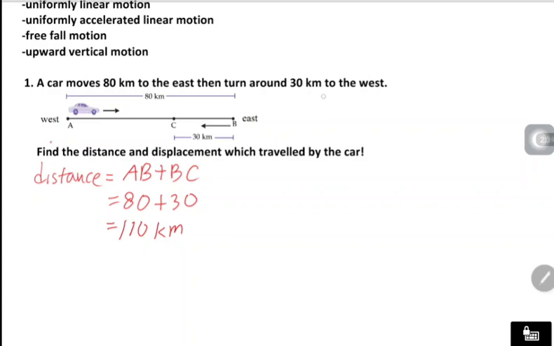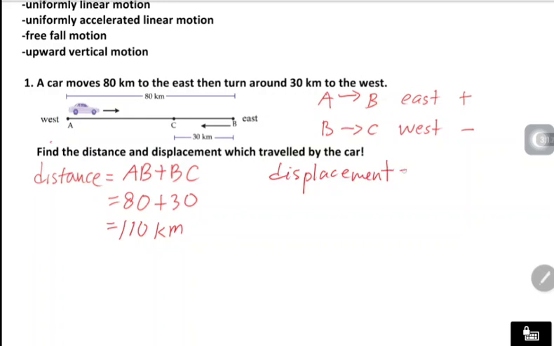If AB is to the east, it has positive value, but the B to C journey to the west has negative value, so that the displacement is only seen from initial point to final point.